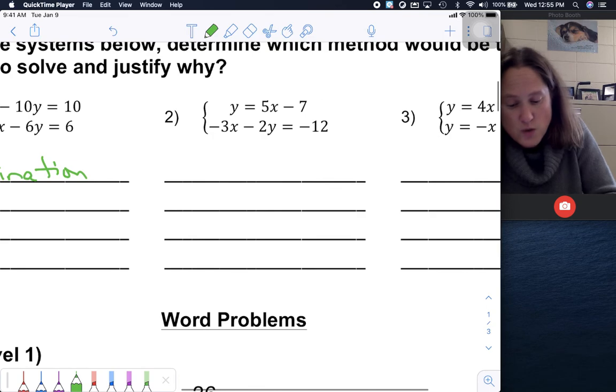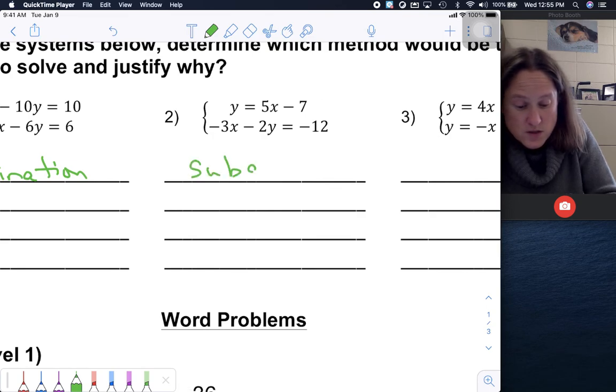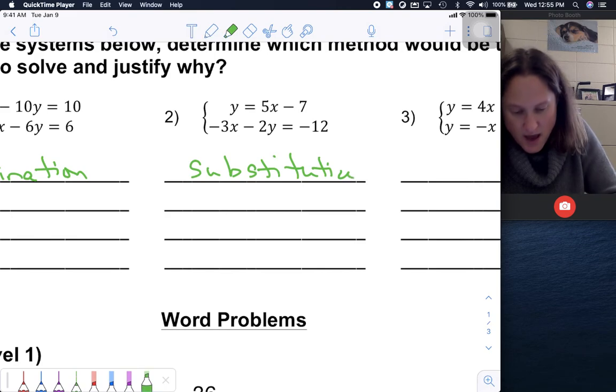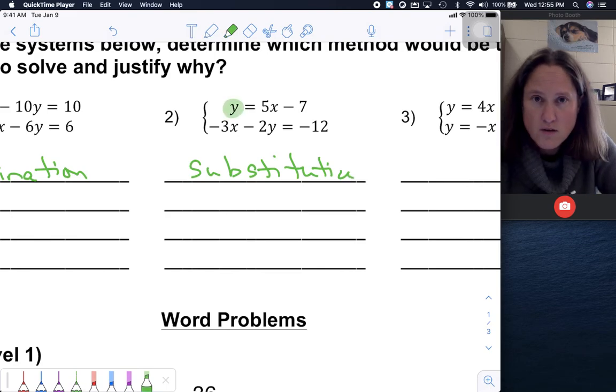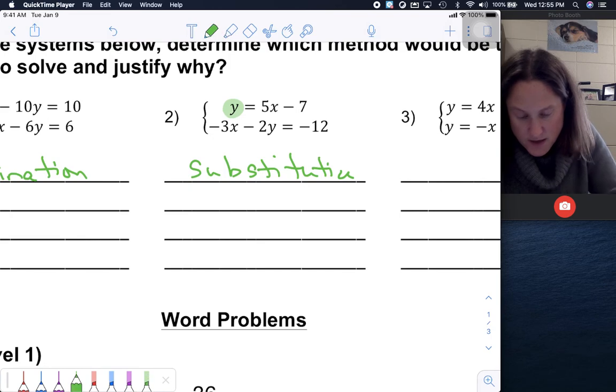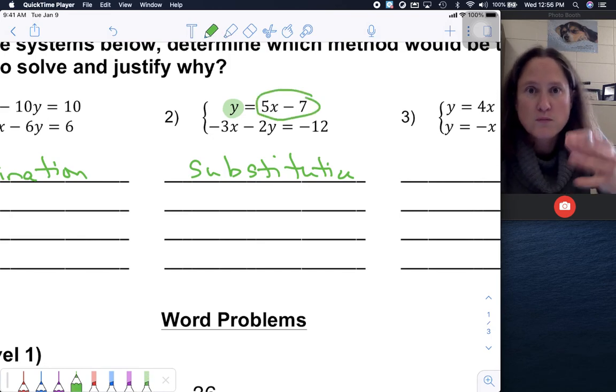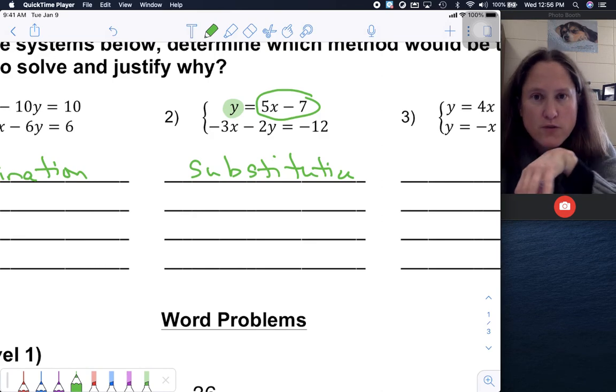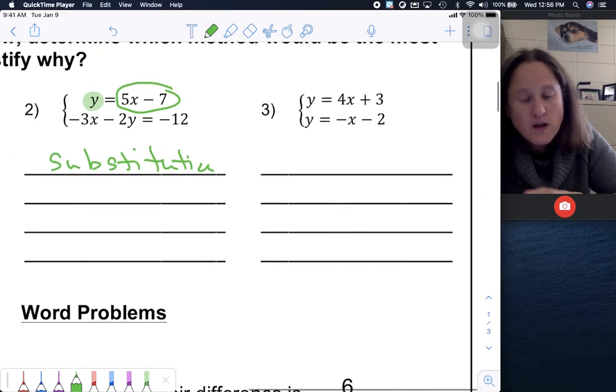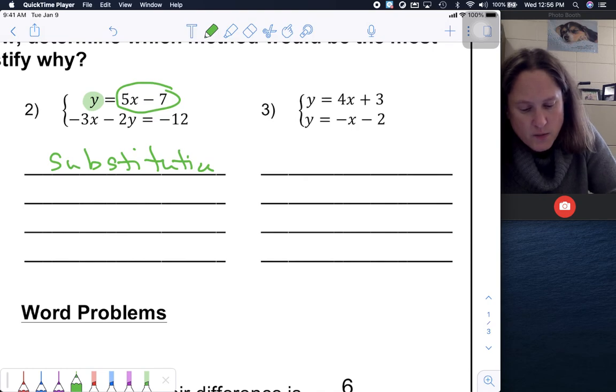For number 2, I would most likely use substitution. The reason being is that I already have one of the equations solved for x or y. In this case, it's y equals blah, blah, blah. So you can plug that into the other equation for y. The last one, this is one that I would use graphing.